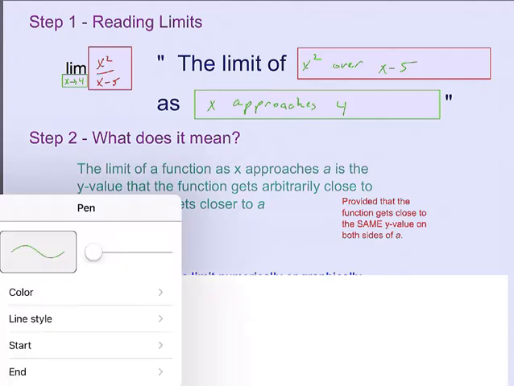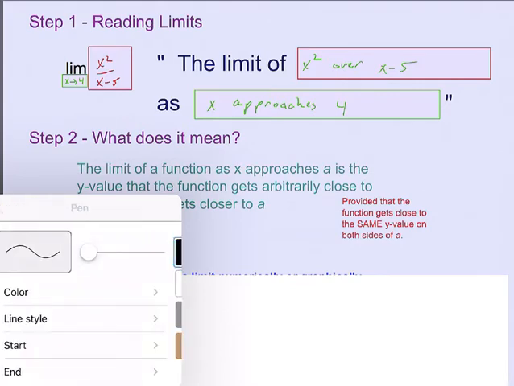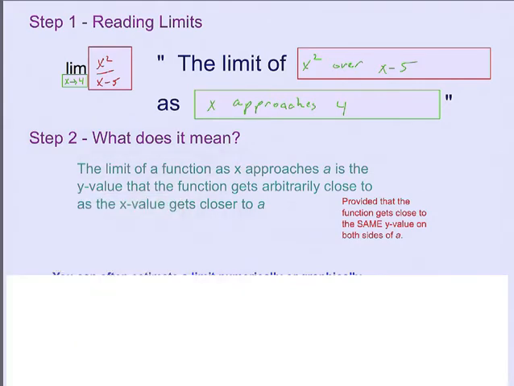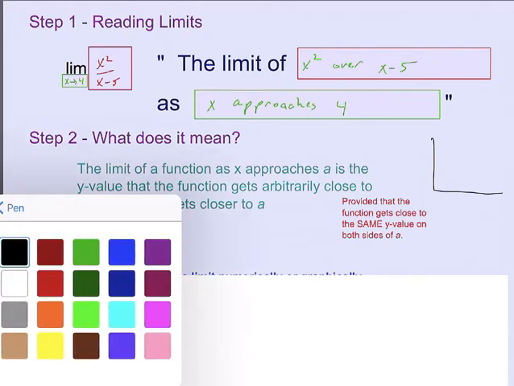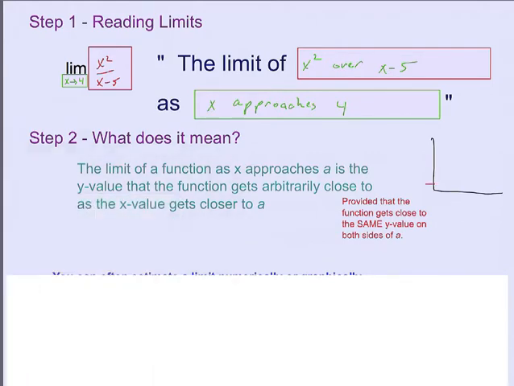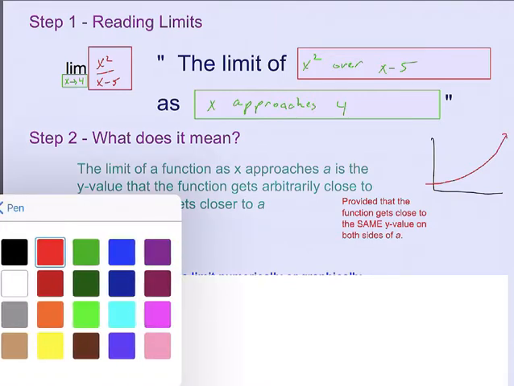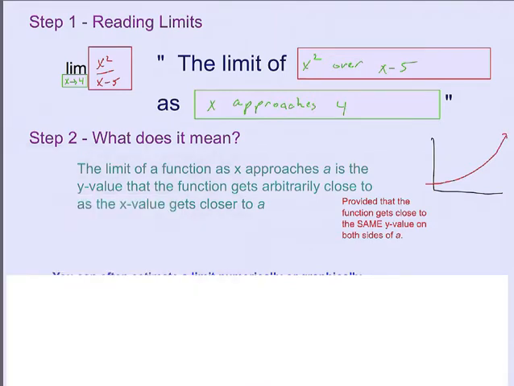So if I take a look at a graph here, just an example of some function, I'll put the function in red. And I'm going to put some x value here in green. I'm going to give it the name a, just to stand for some number there.